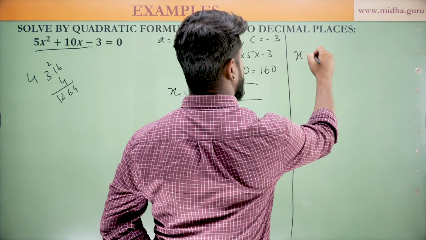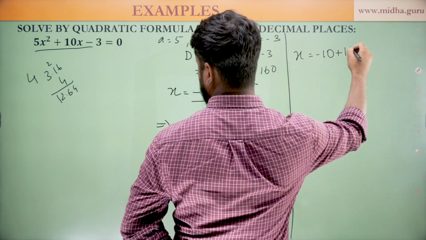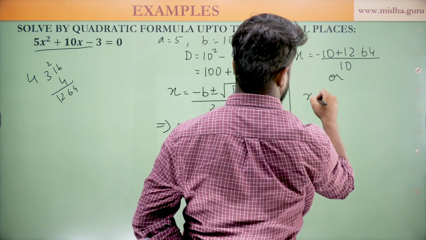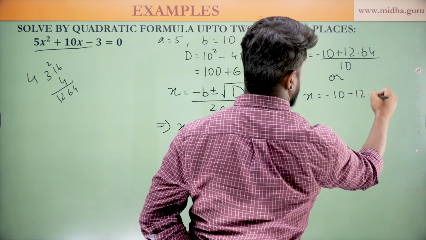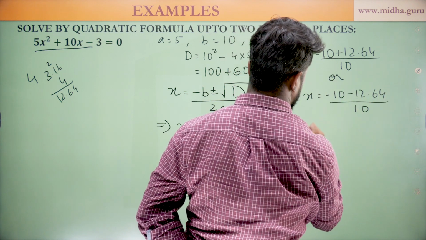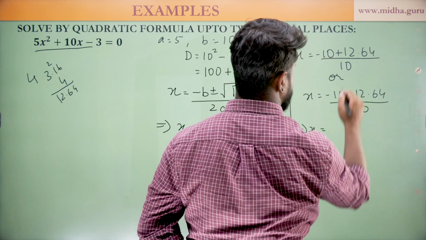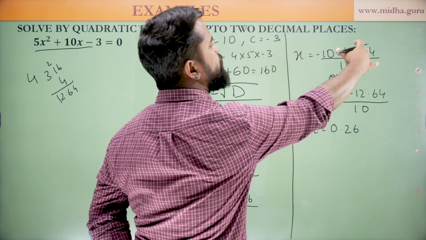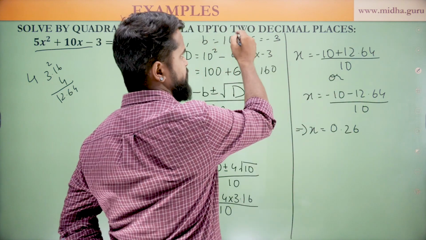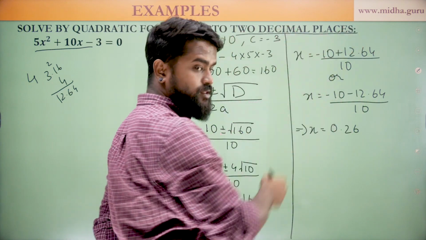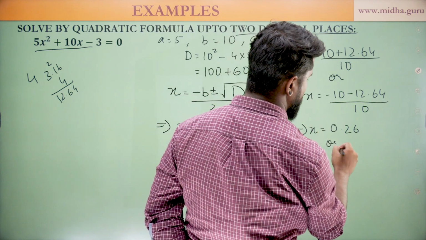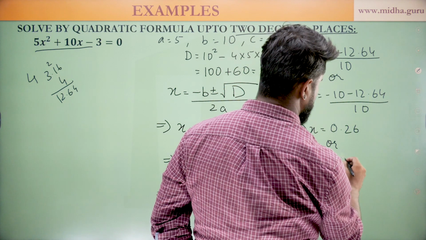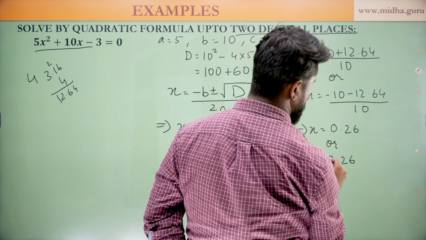So x will be equal to minus 10 plus 12.64 by 10, or x is equal to minus 10 minus 12.64 by 10. So x will be equal to 0.26, and as I said, it will be 0.264, but if we are supposed to round it off to 2 decimal places, I write 0.26, or x is equal to minus 2.26.